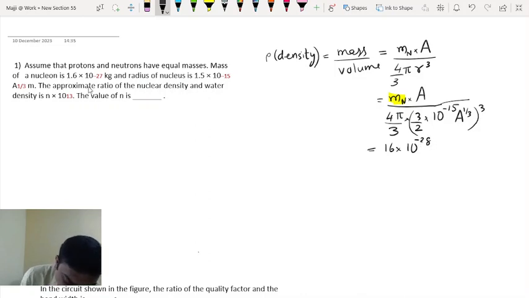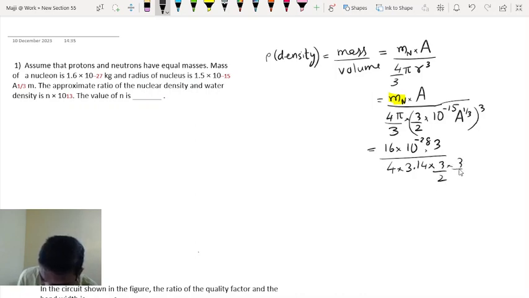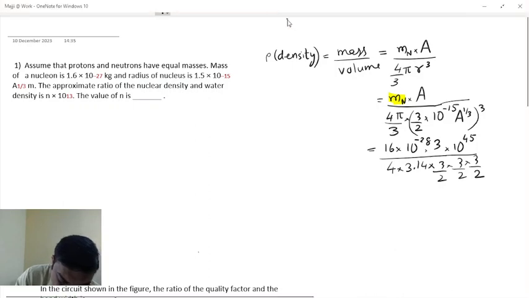Then this 3 will go up. 4 into 3.14 into this will be 3 by 2, 3 by 2, 3 by 2. And this will go up and the 10 power will become 10 power plus 45. Let us see what all things get cancelled here.